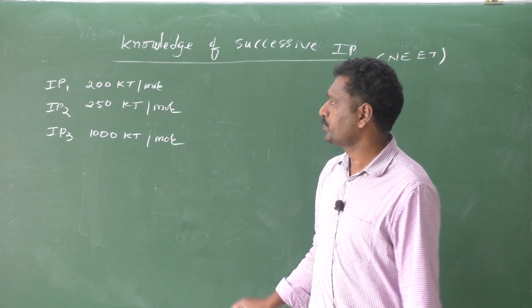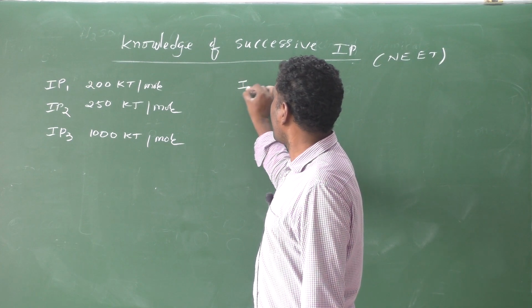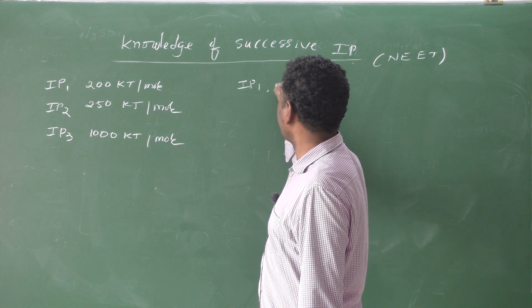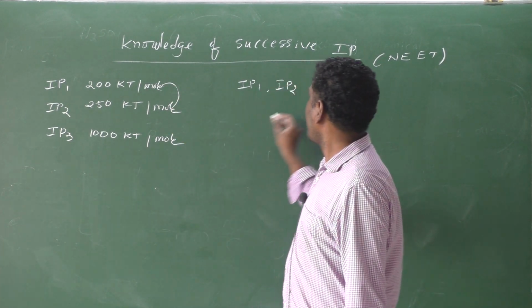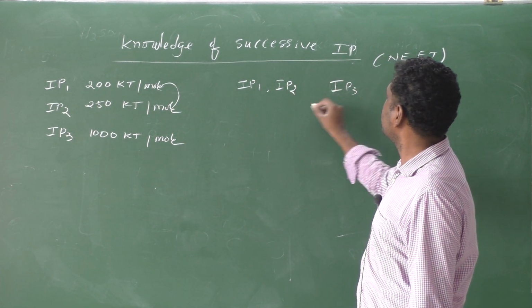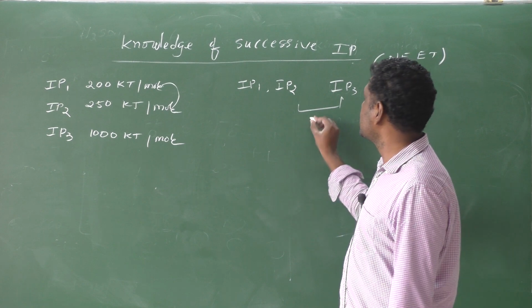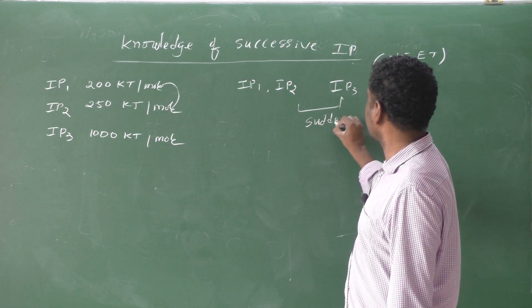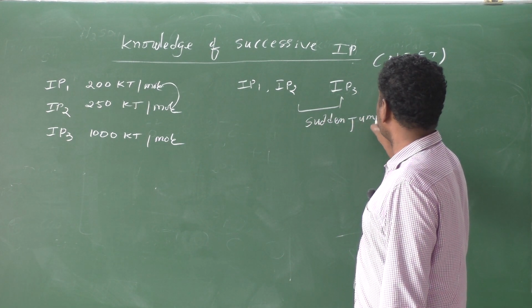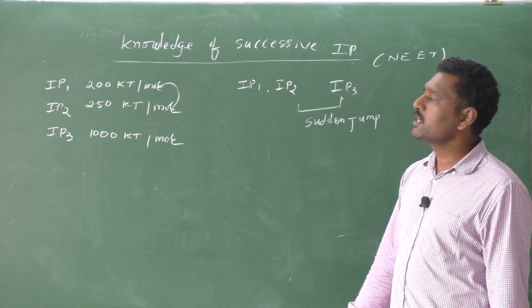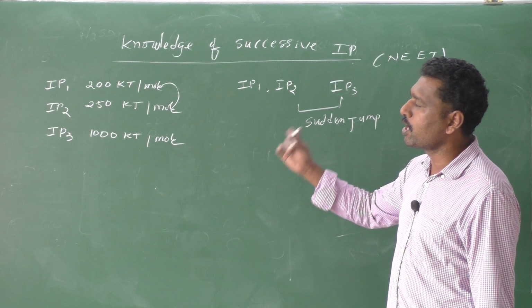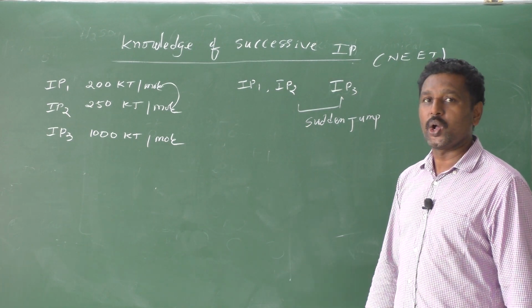So here IP1 and IP2 are nearby. But between IP2 and IP3, a sudden jump is there. Sudden jump means it belongs to the second A group.